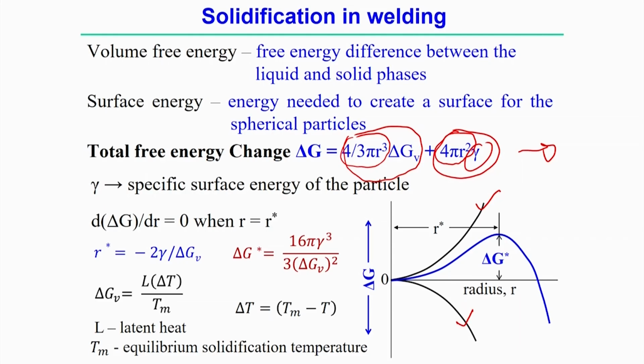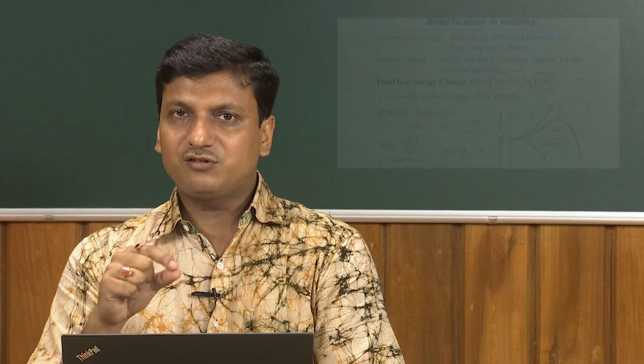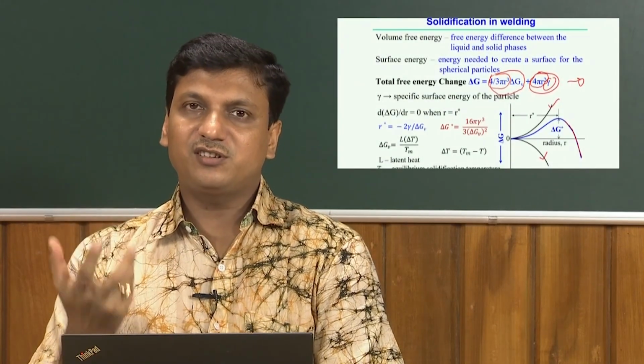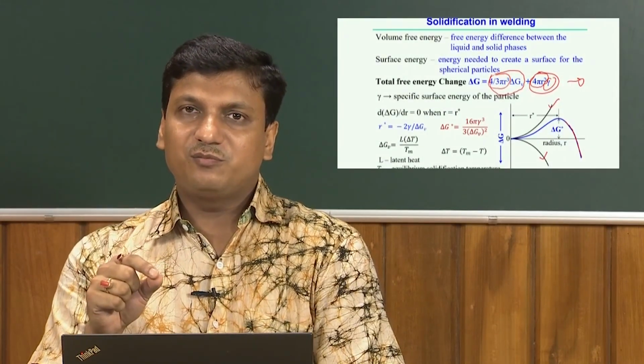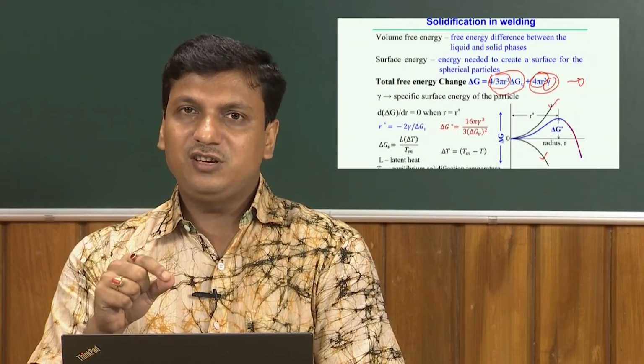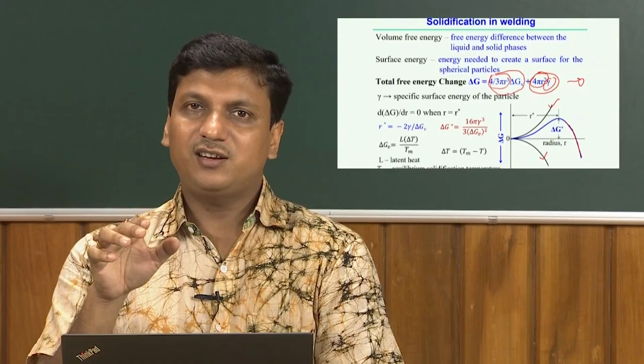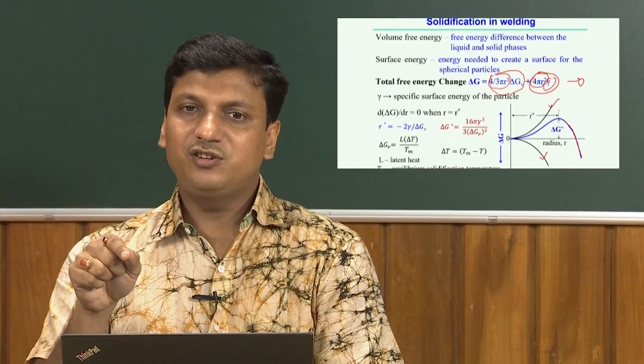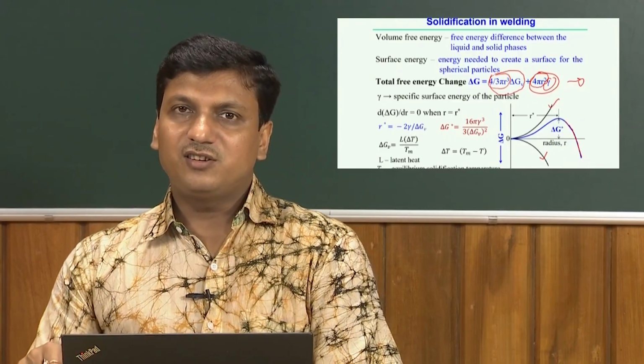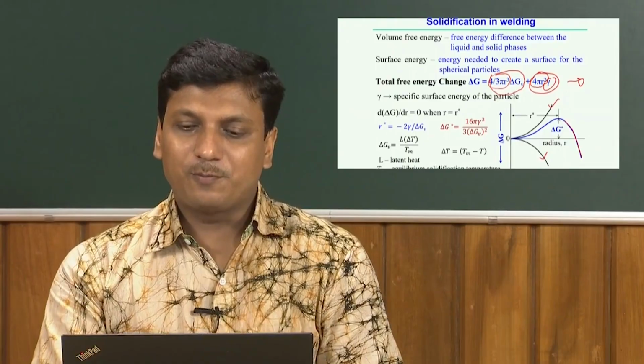Now, the overall total free energy change can be represented like this. Initially, the total free energy is a balance between the surface energy and the volume energy. It initially grows and reaches a maximum point, then the energy reduces and finally reaches a negative value.